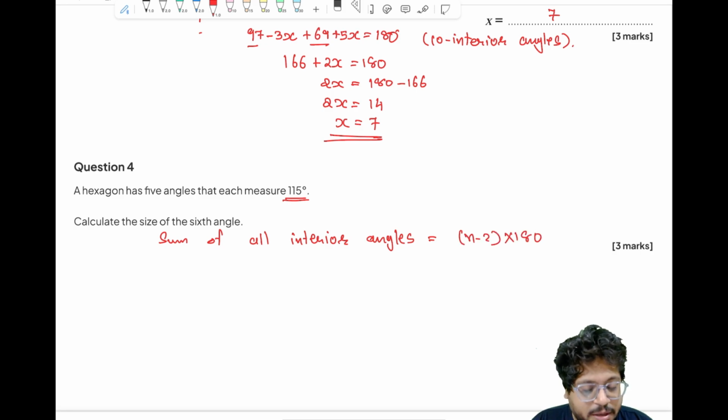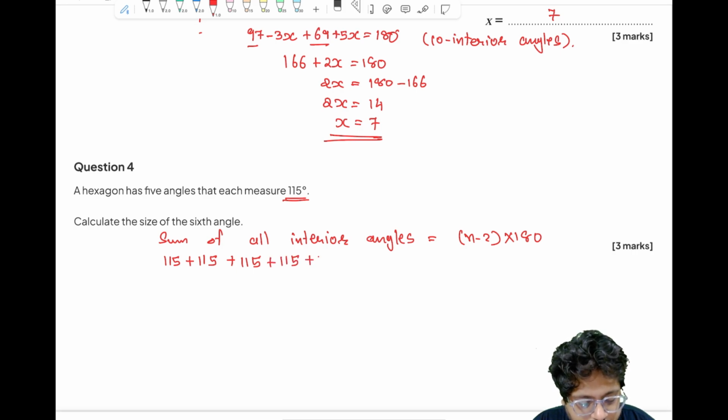So here n will be 6 because we are talking about a hexagon, and for the sum we have to add 115 5 times. This is fourth and this is fifth, and there is one x, so all 6 angles are added here, and that will be 6 minus 2 times 180.